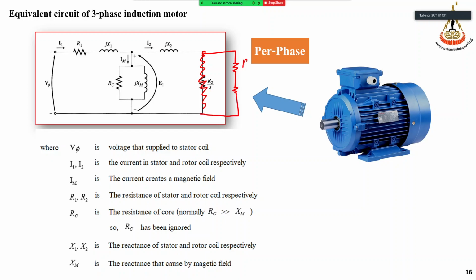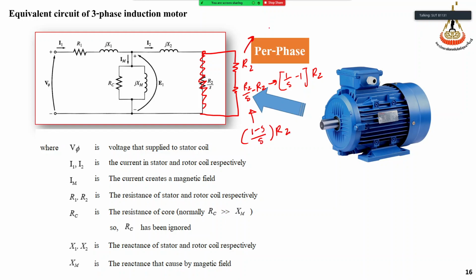One is R2 and another one is R2 times (1 minus S) over S, that is, (1 minus S divided by S) into R2.